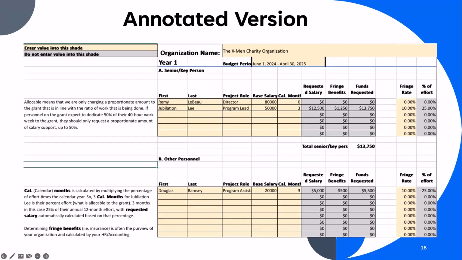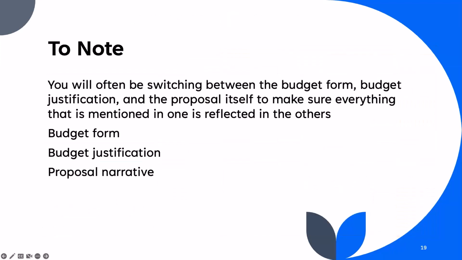All right. And so again, make notes for yourself here to help you with the calculations. I'll reiterate that you will often be switching between the budget form, the budget justification, and the proposal itself because you want to make sure that everything matches up. If someone is reading the budget form, they should be able to tie it back to something in the budget justification that tells them why that object or staff person is needed.